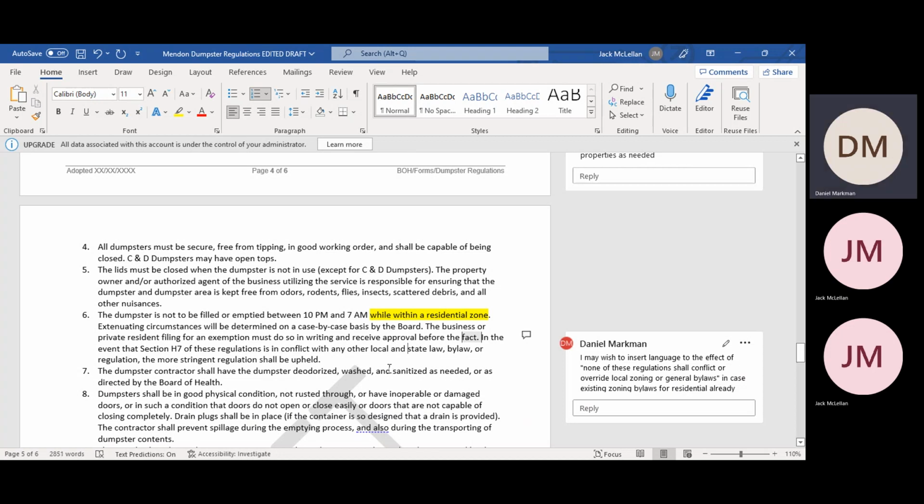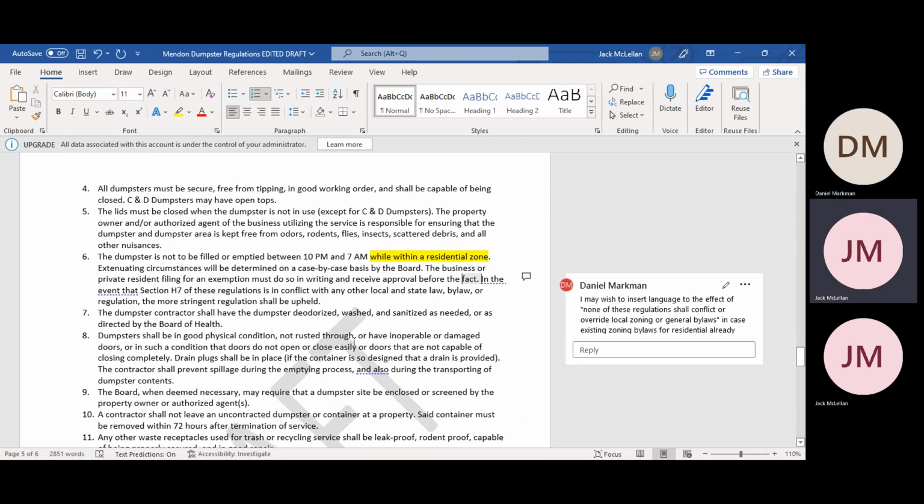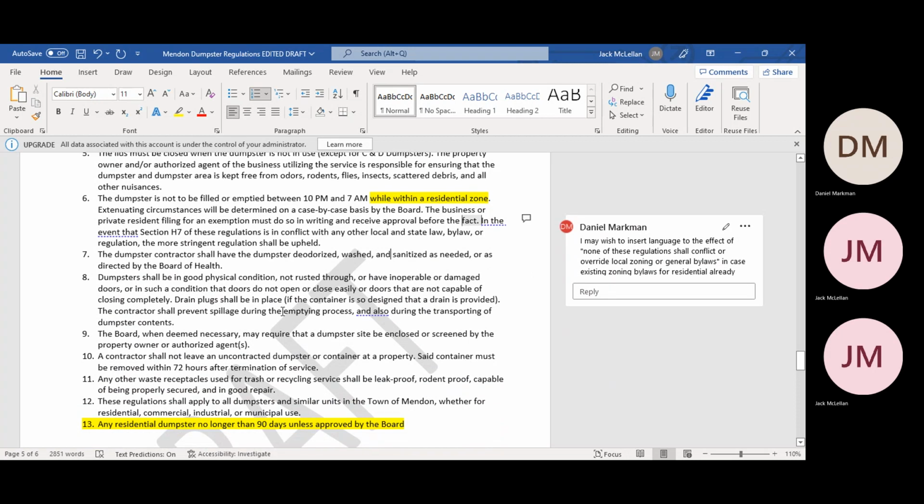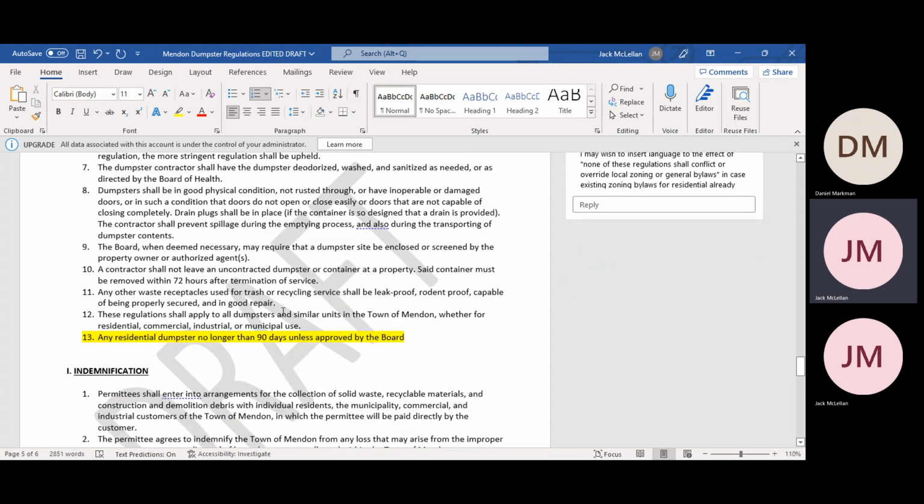That would future-proof you in the unlikely event that ever comes up. And we're going to add a 13 to that section.